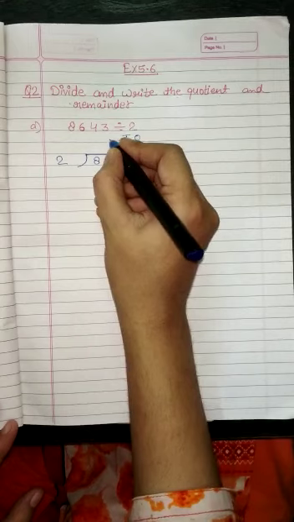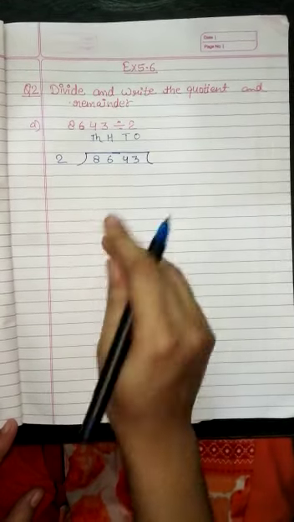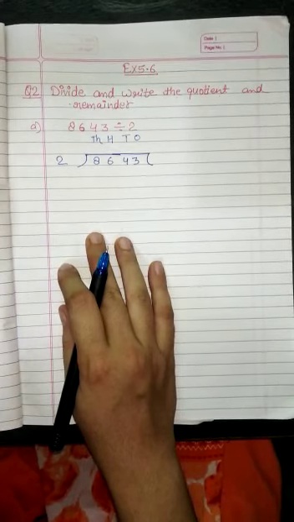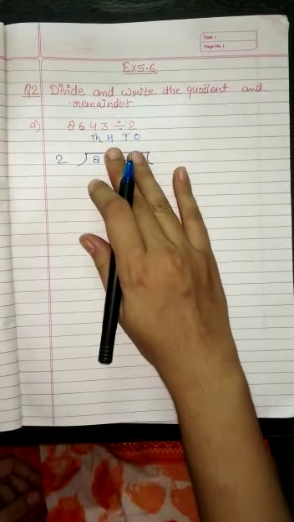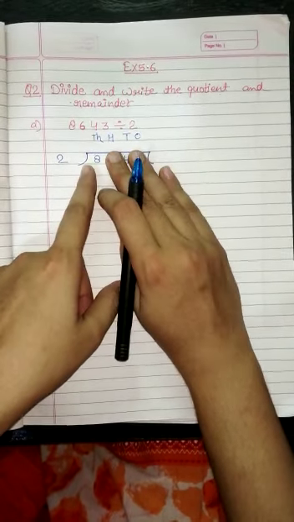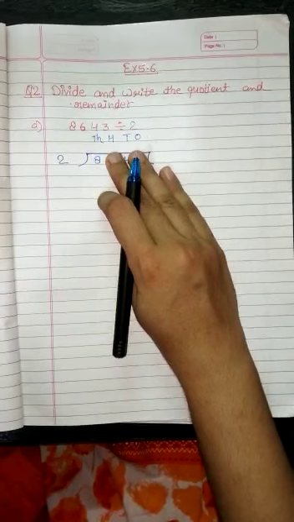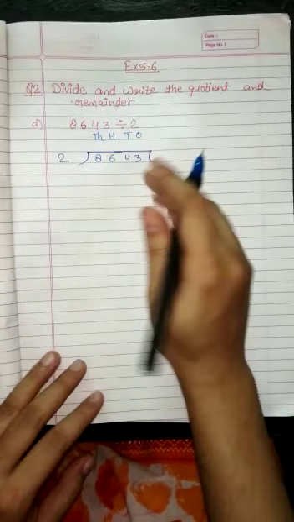Let's mark the places: ones, tens, hundred, thousand. Now first of all, as we were doing earlier also, we are going to consider only one digit. So I'm going to take the first digit. Since this is a 4-digit number, we'll be starting from thousands place. The digit is 8.